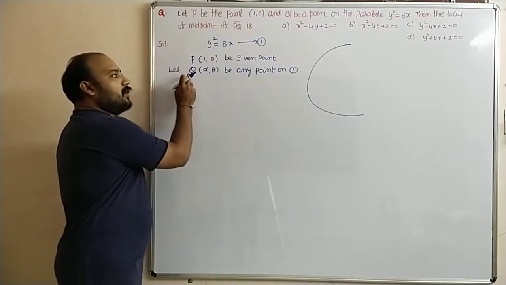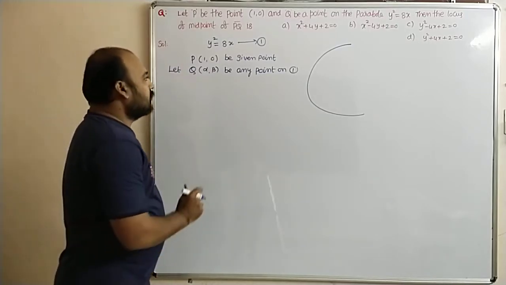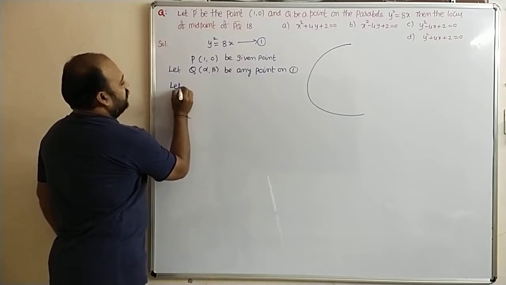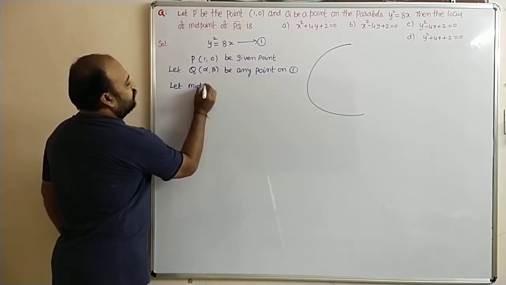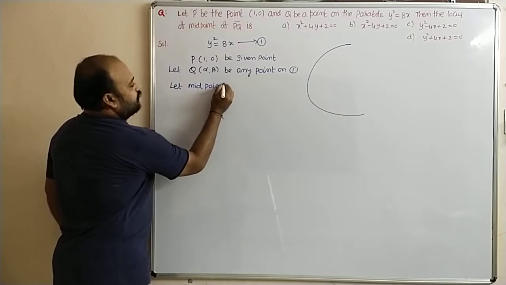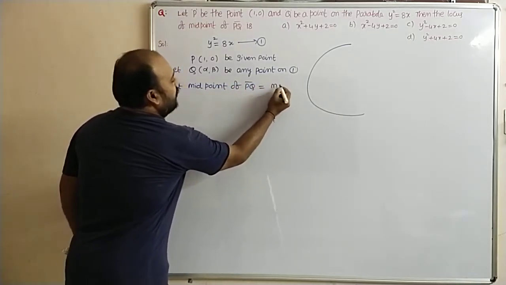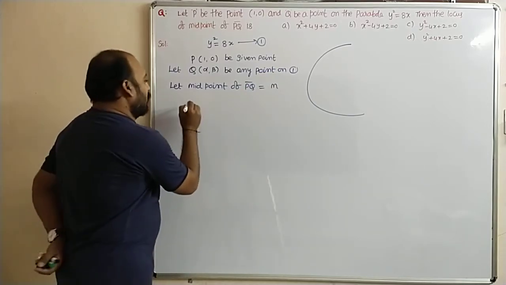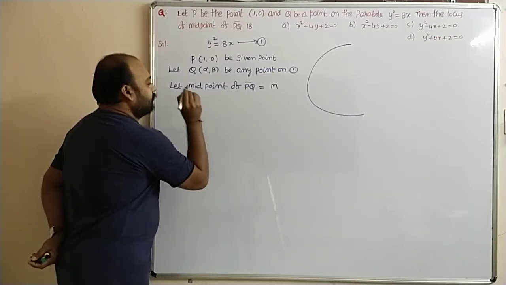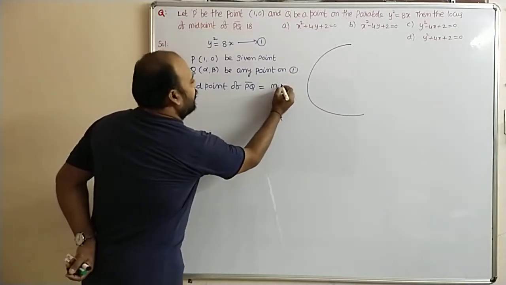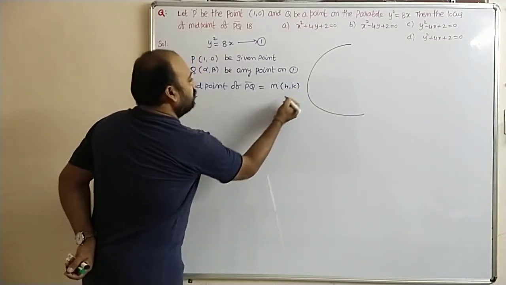So the P value and Q value are there. Midpoint of PQ. Let the midpoint of PQ be M. Here I am assuming the midpoint M of (h, k).